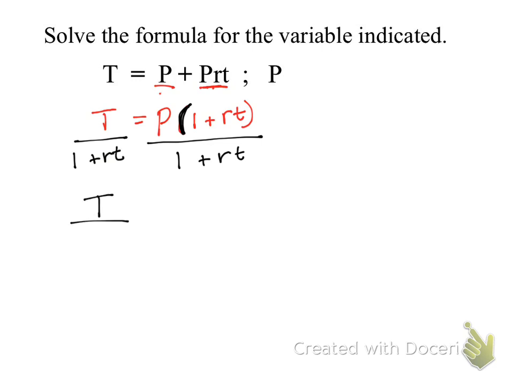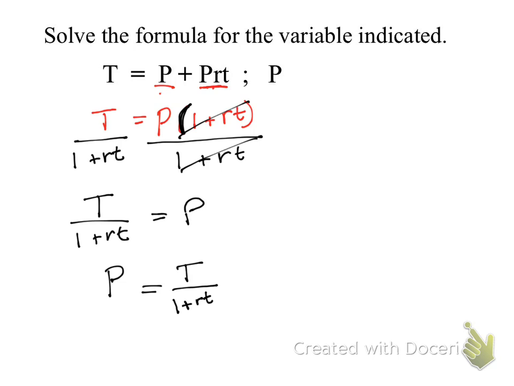Big T over 1 plus RT equals now big P. Questions? And then I have to write P in terms of big T over 1 plus RT.